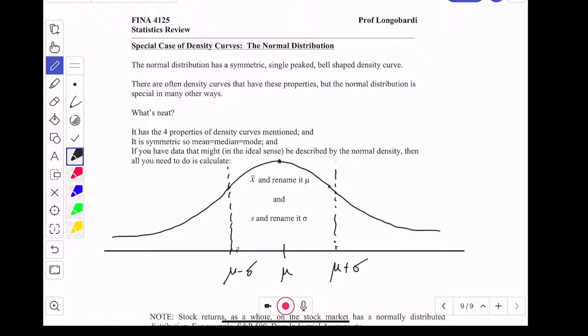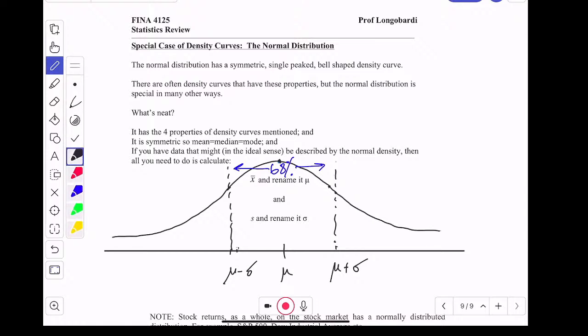For a normal distribution, it's actually 68% of the observations within one standard deviation of the mean. When we did this for the spending data, we found about 60%, so that wasn't exactly normal.